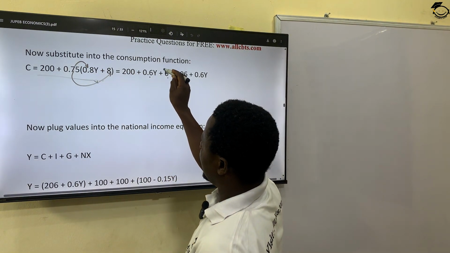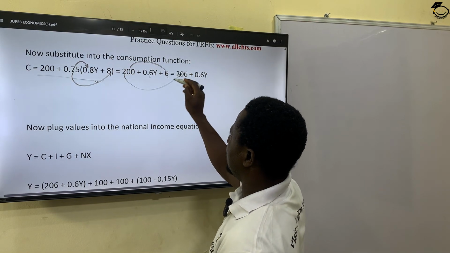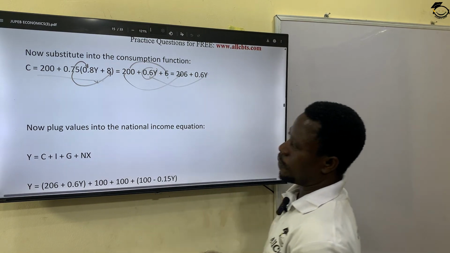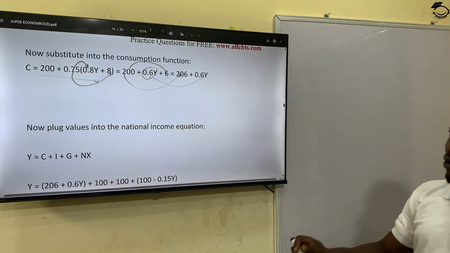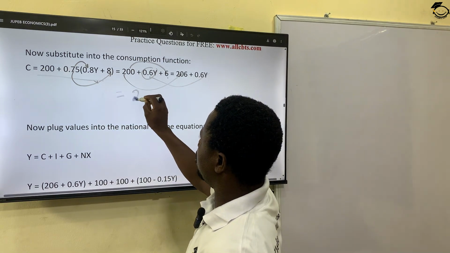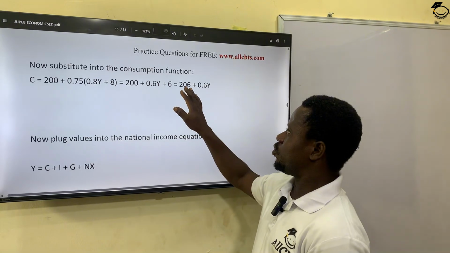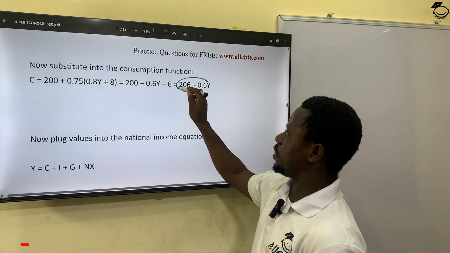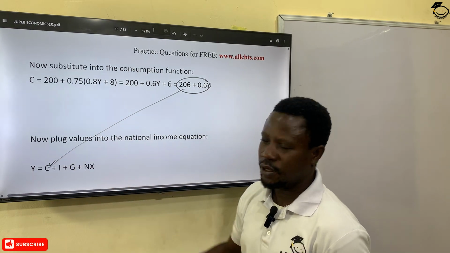All right? These are like terms. So this plus this gives us what? This. And this one comes on its own. So 206 plus 0.6y. That's our consumption, equal to what? 206 plus 0.6y. Now that we have gotten our consumption here, we can now bring the consumption to whatever we see as C.